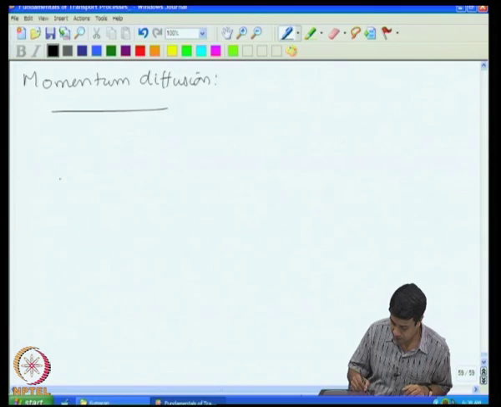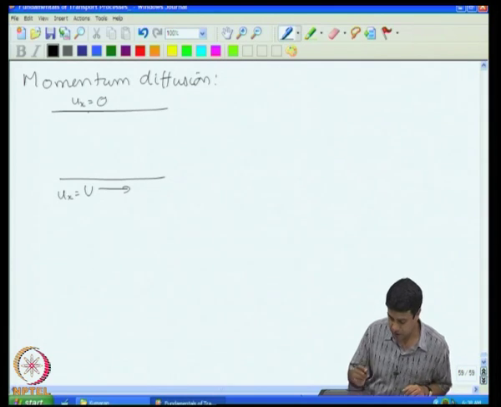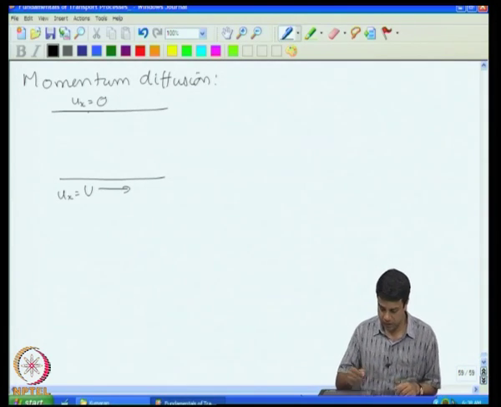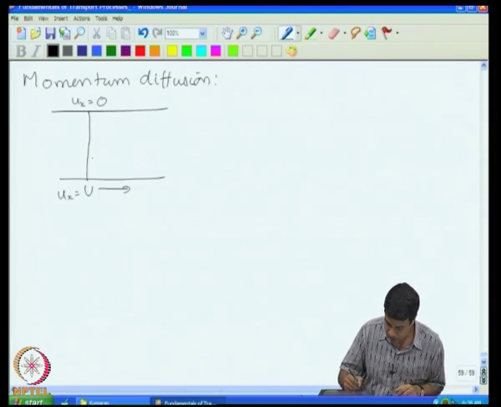The configuration typically consists of two plates. I move the bottom plate with the velocity u. The top plate is stationary. So, the velocity is equal to u here and ux is equal to 0 on the top plate. At steady state, I will have a linear velocity profile.